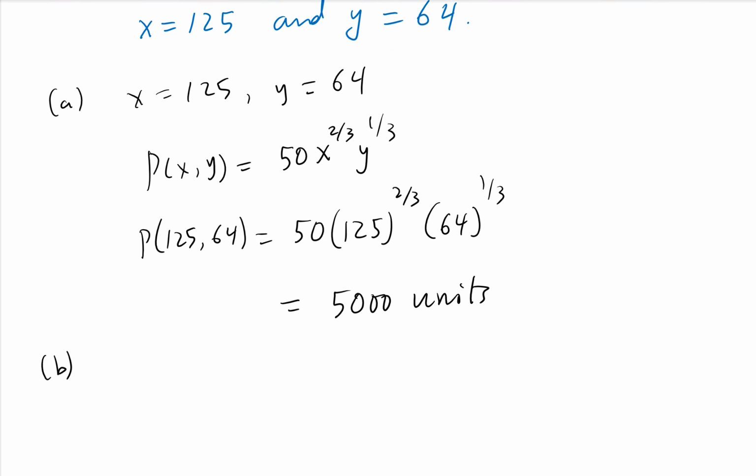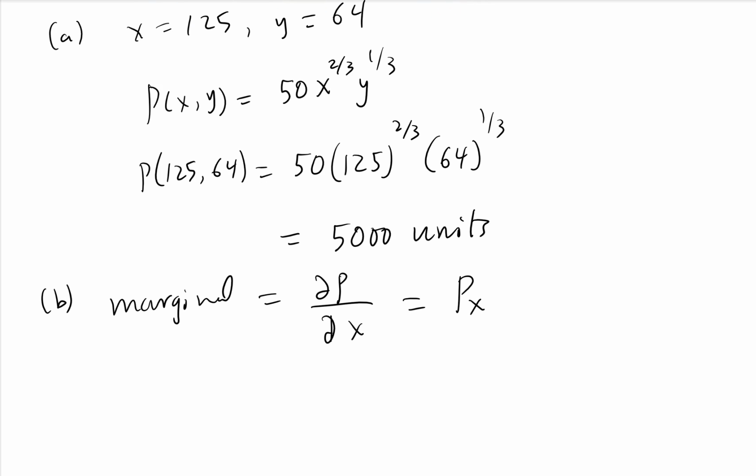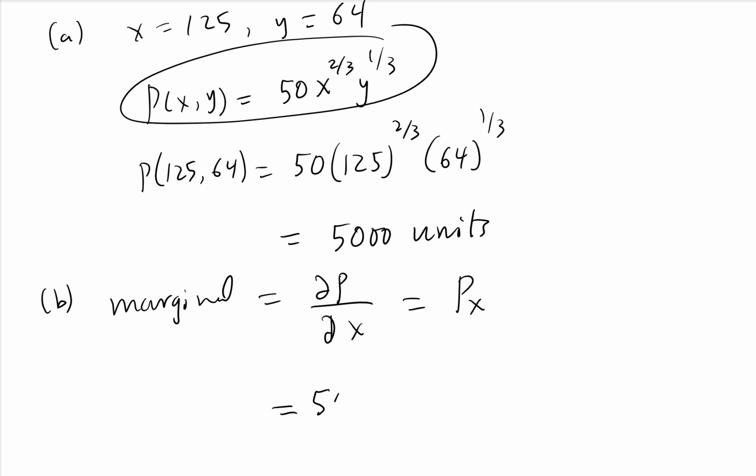For the marginal productivity of labor, that's the same as finding the partial of P with respect to x, or P sub x. Anything marginal means derivative, and because they're talking about productivity, that's why I use the P here. So I need to find the derivative of this function with respect to x. Keep 50 the same.